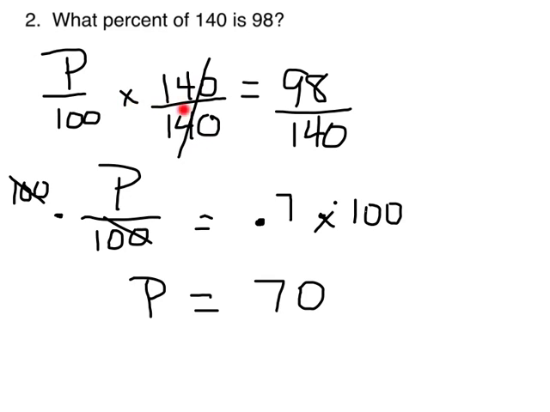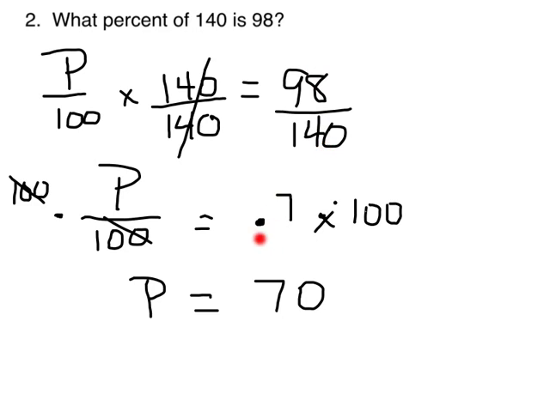It's been multiplied by x, so I'm going to divide both sides by 140. And then that's going to get me p over 100 by itself equals 0.7, because I just simply reduced here.